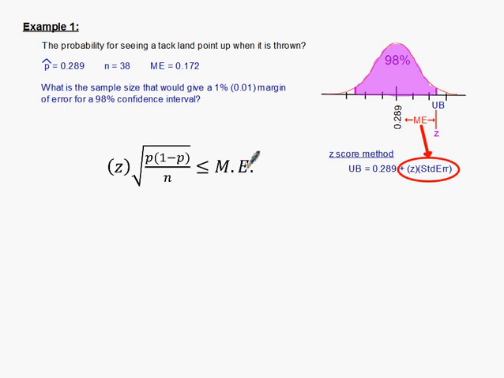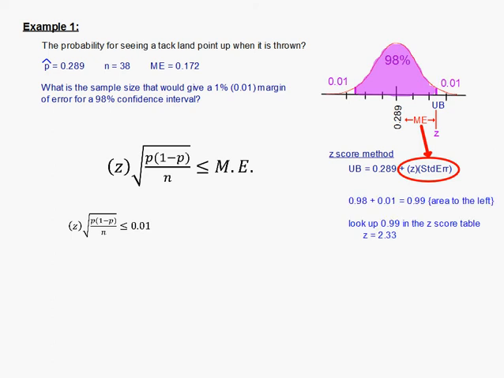So what we're going to need, we have this margin of error, that's this 1%. We need this z-score, which we can get when we put in the 1%. And now we get our z-score by looking it up in the z-score table using our standard method, our area to the left.